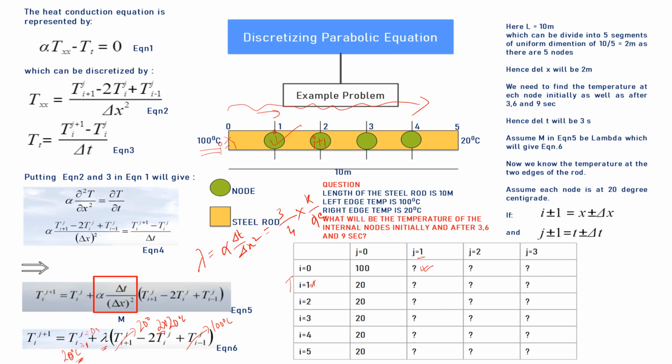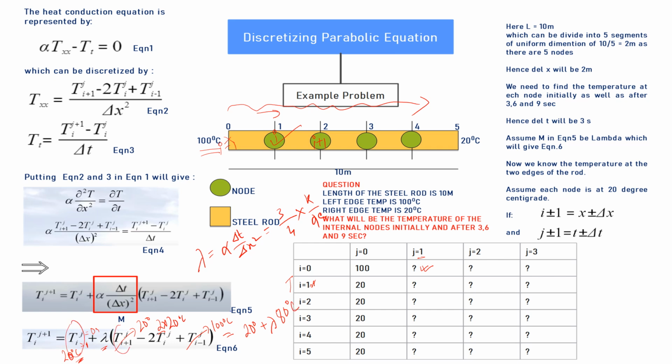That means this will be equal to 20 degrees plus lambda times, basically 120 minus 40, 80 degrees centigrade.